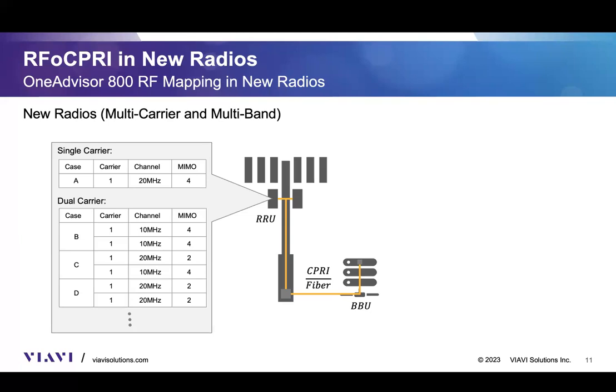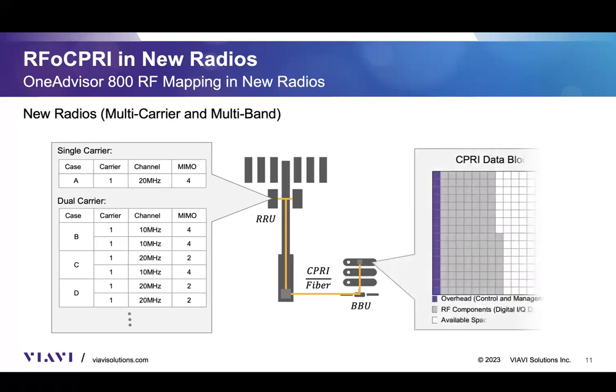The point that I want to make here is that with all these different configurations, we can have the same data block. From a digital perspective, it's exactly the same. It's 80 megahertz, but we don't know how all those carriers are being transmitted or accommodated because everything is digital. So this is one of the challenges that we have: in new radios, we're going to have multiple carriers, and it's not very clear which carrier is which.